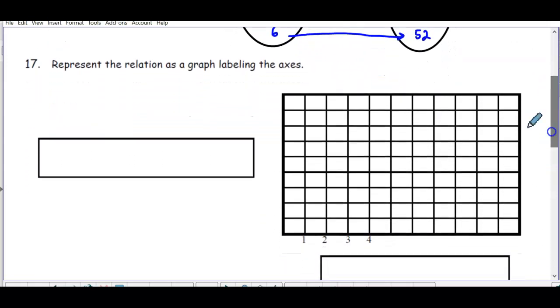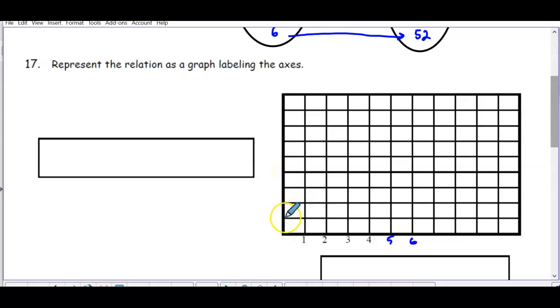Then graph it. So here it started some of the scale, so 5, 6. Here it is not labeled for you, so we have to figure out, we have to go up to 52. So it'd be nice if some of our values landed on a grid line, but it may not happen that way.